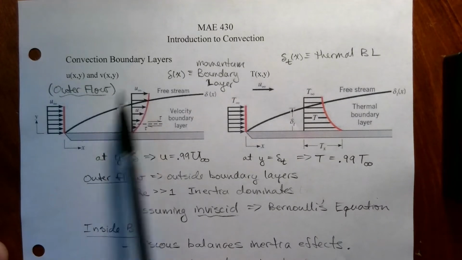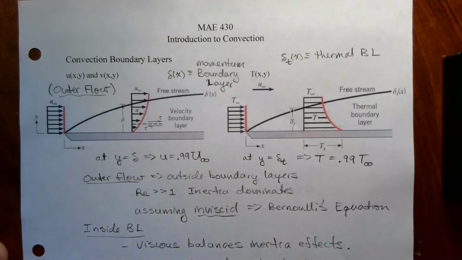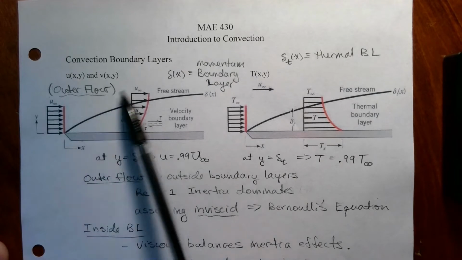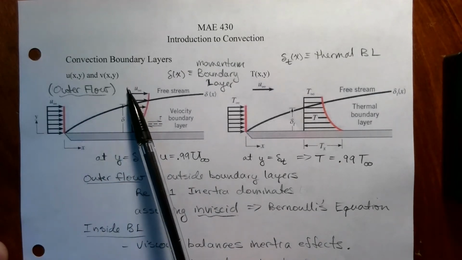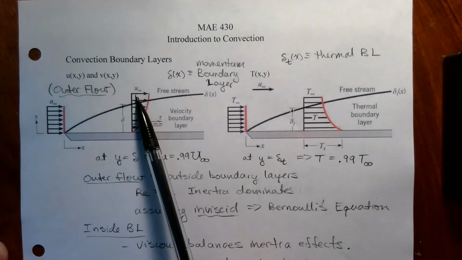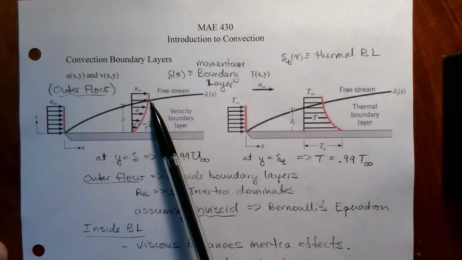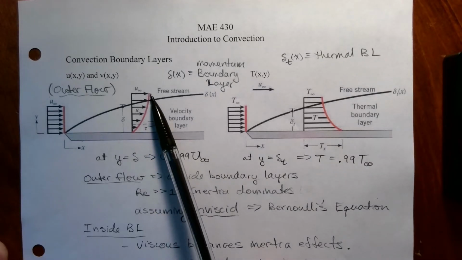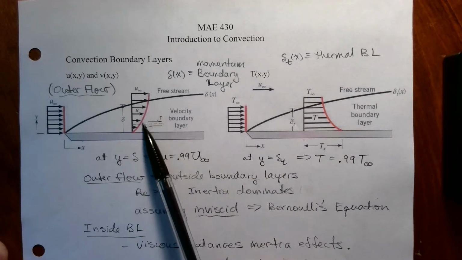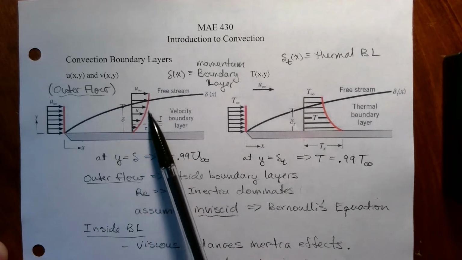U ambient is the free stream or the upstream velocity. So outside the boundary layer, the U component of velocity is U ambient. Inside the boundary layer, there's a momentum deficit, and so the velocity profile curves back to zero. And this is what it looks like.